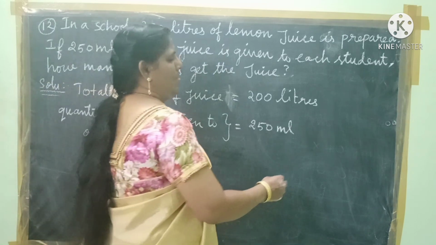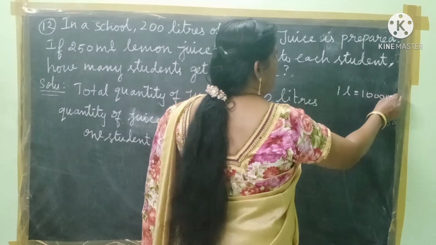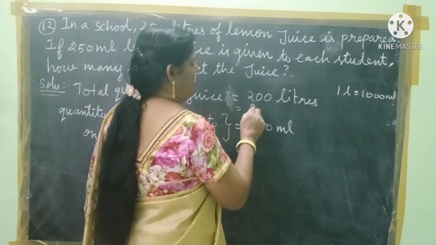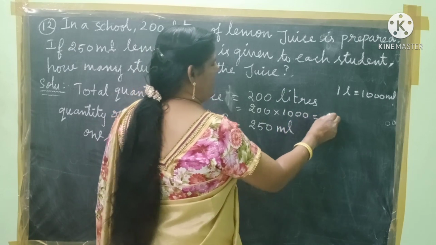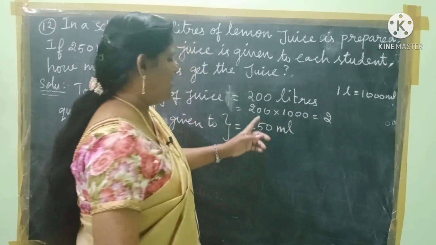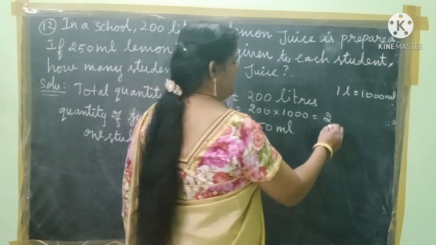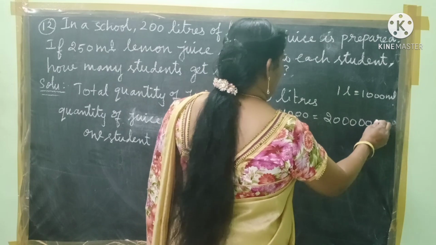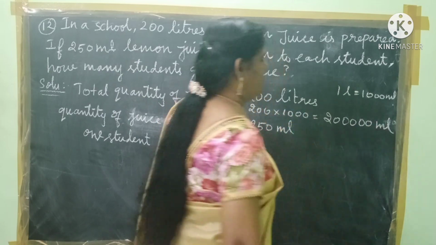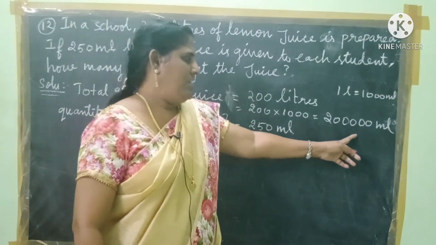Therefore 200 liters equals 200 into 1000. How many zeros are here? 2, 3, 4, 5, 5 zeros. So 2 lakhs milliliter. So first of all, change the liter into ml.